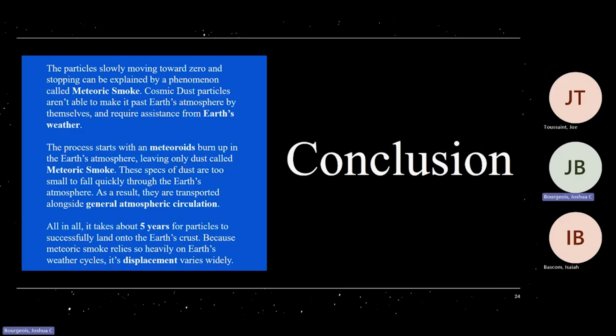And it actually relies heavily on Earth's weather. And as a result, the displacement can vary widely. You can see particles that are very close to their initial position, also very far from their initial position. The meteoric smoke's average life is about 5 years for it to successfully land.